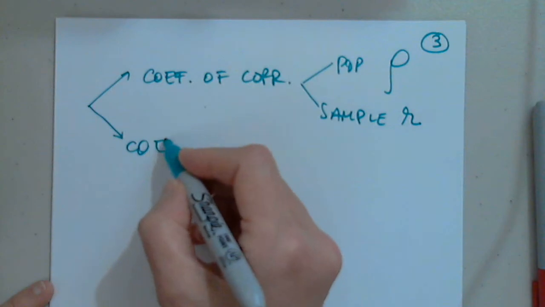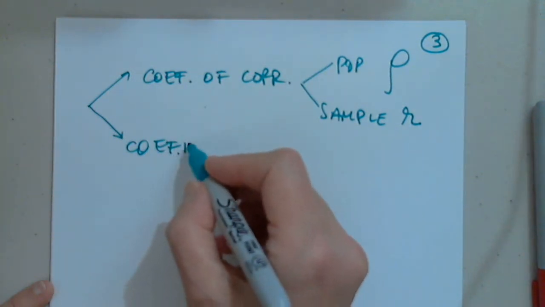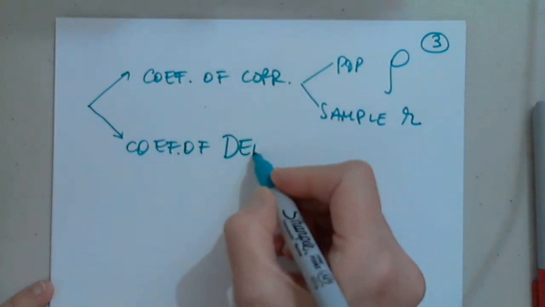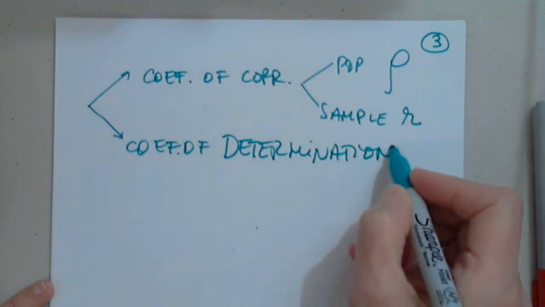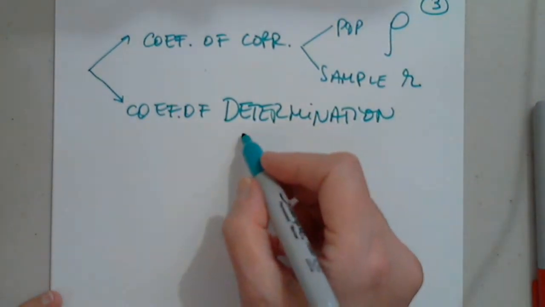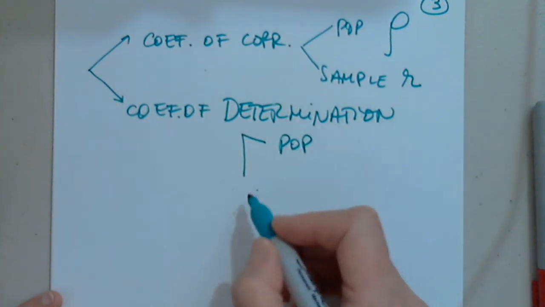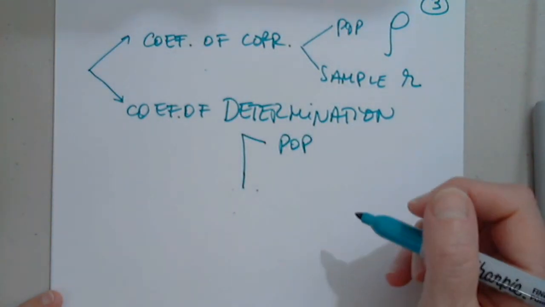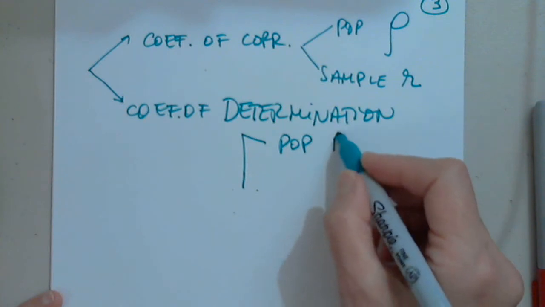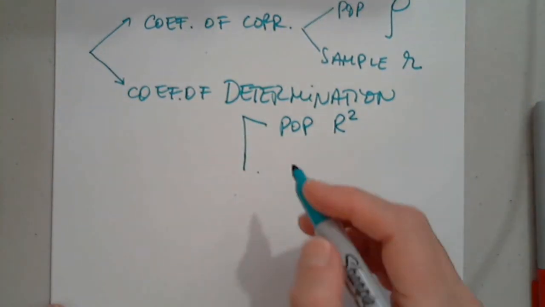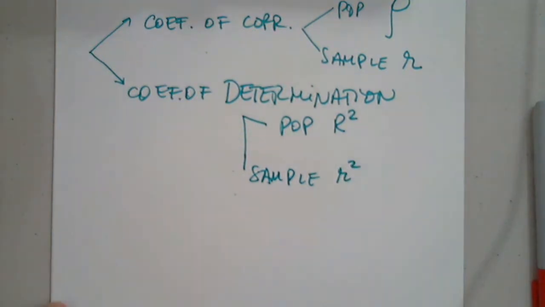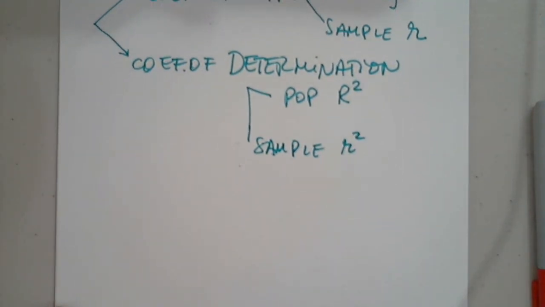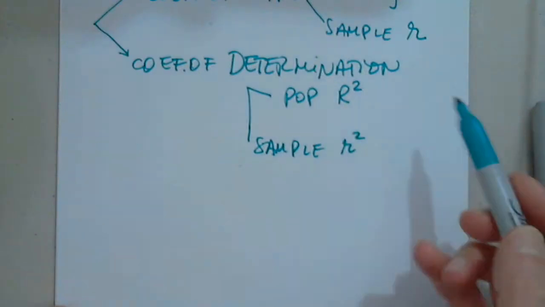Now, coefficient of determination for population is r squared. For sample is r squared. You can say, what's the connection here?